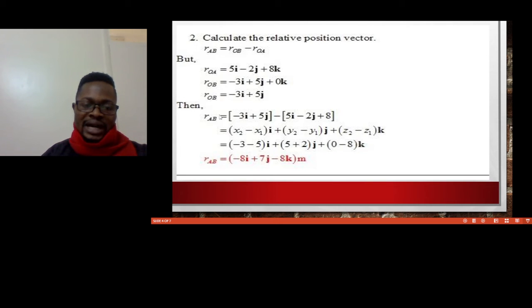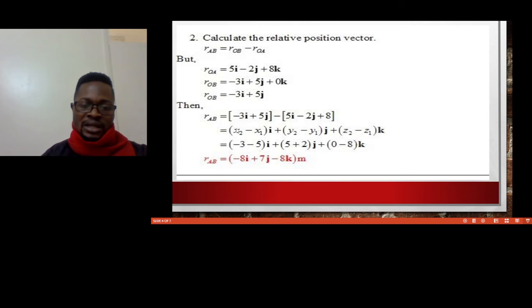Now to find our RAB, we are going to use the vectors formula, using the distance formula that we got before: (x2 minus x1)i plus (y2 minus y1)j and (z2 minus z1)k. You simply plug in the values so that we end up with negative 8i plus 7j minus 8k, because -3 minus 5 gives us negative 8i.